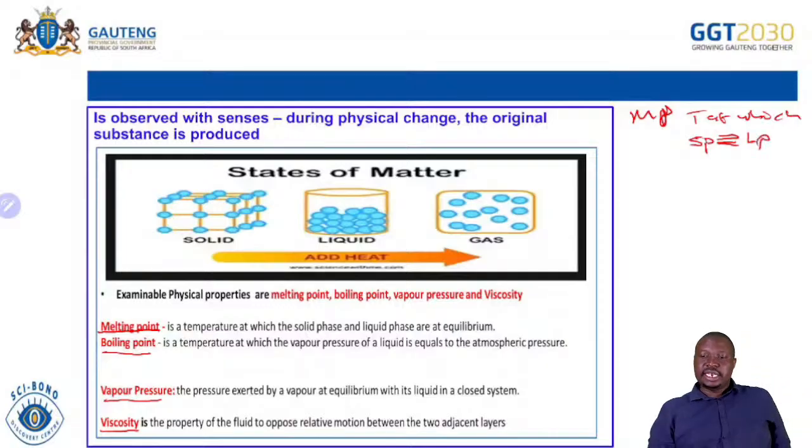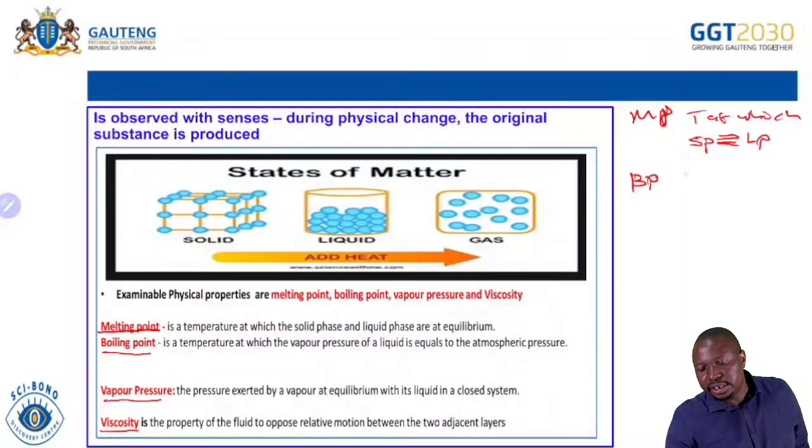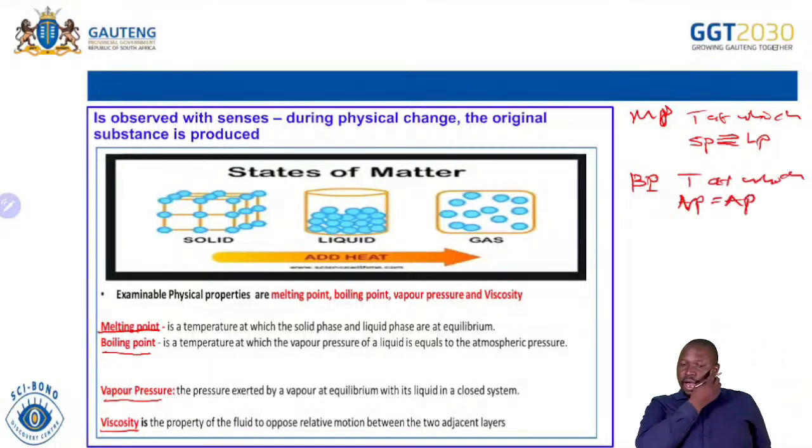Boiling point is a temperature as well, not a point. It's the temperature at which the vapor pressure is equal to atmospheric pressure.